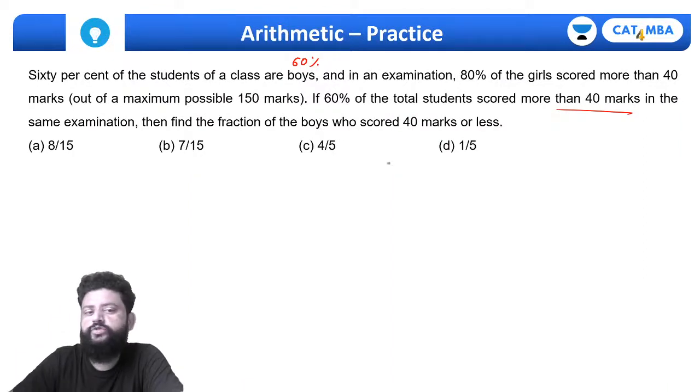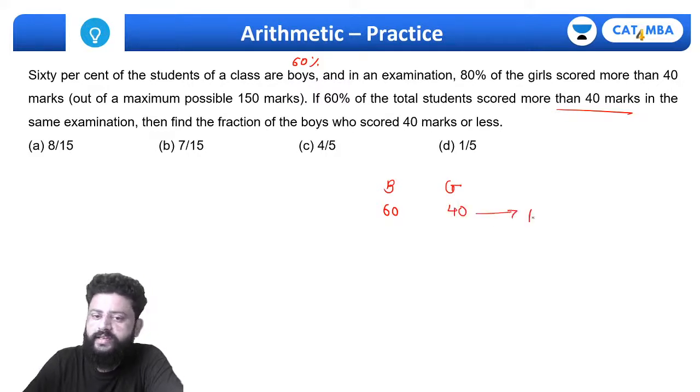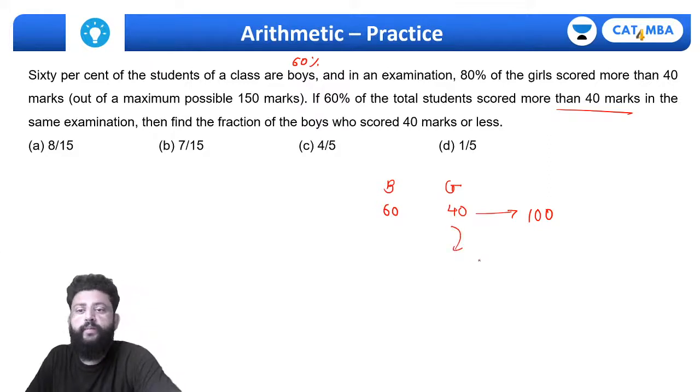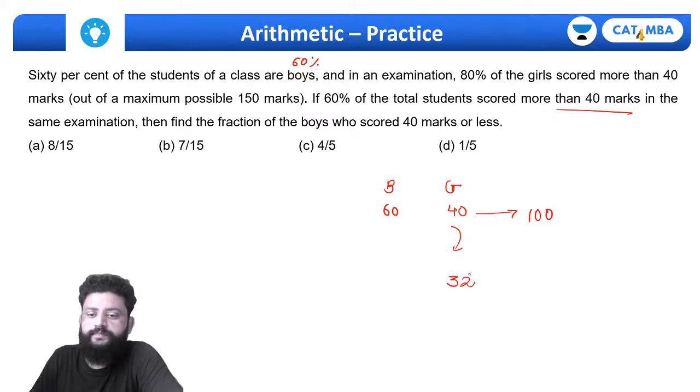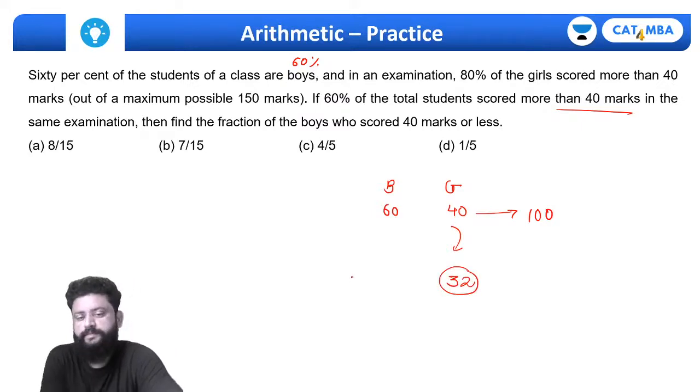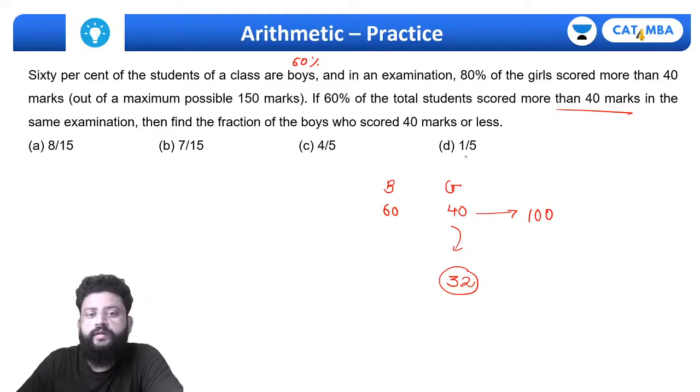That is quite similar to the previous one. Boys are 60, girls are 40, total is 100. Now 80% of the girls scored more than 40 marks, that simply means 32 girls. 60% of the total students scored more than 40 marks, that is 60.